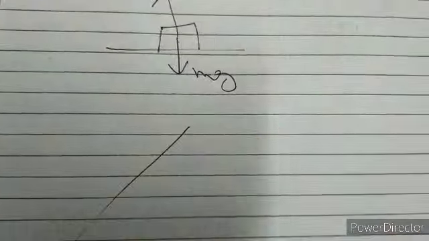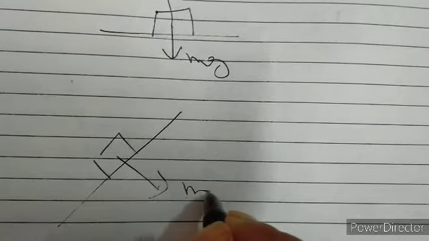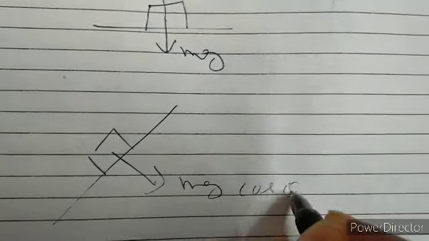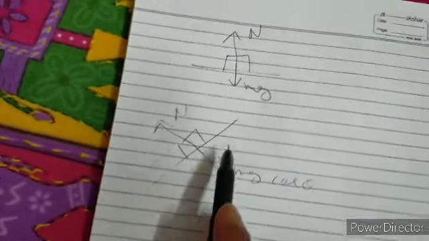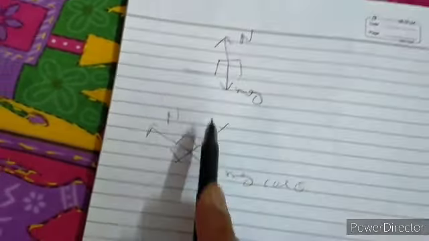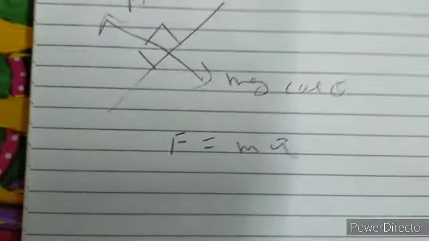On the inclined plane, this is mg cos theta, this is the normal reaction, because the normal reaction is always perpendicular to the surface. Clear?